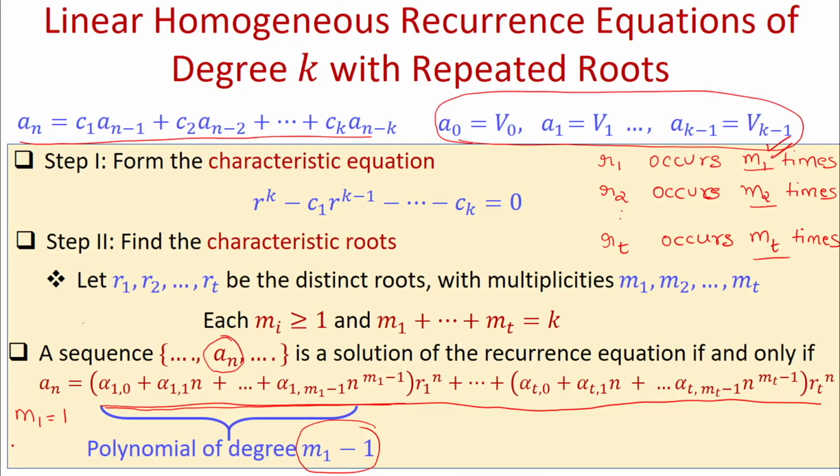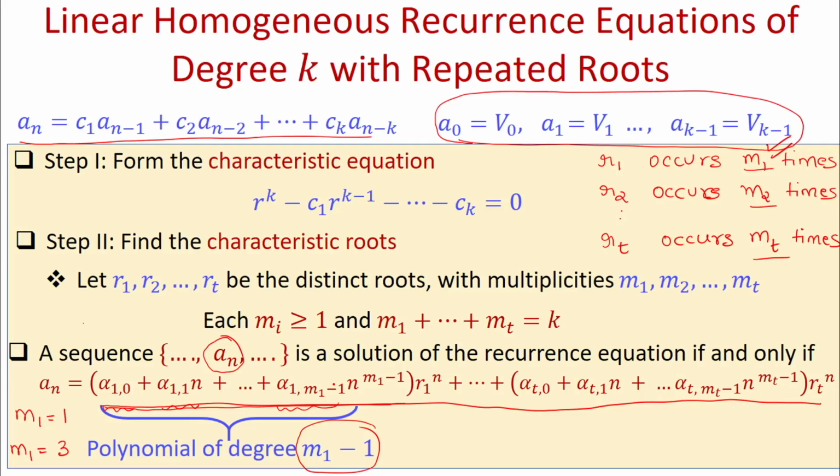But if m1 is say 3, that means r1 occurs as a root 3 times, then the first polynomial here will be a polynomial of degree 2 multiplied by the first characteristic root power n. The coefficients in this polynomial of degree m1 minus 1 are all unknown constants. We can substitute any value for them, and that will determine a sequence satisfying the recurrence condition.